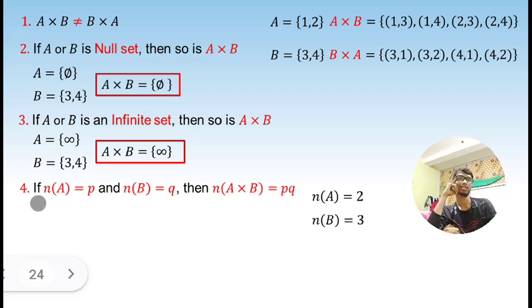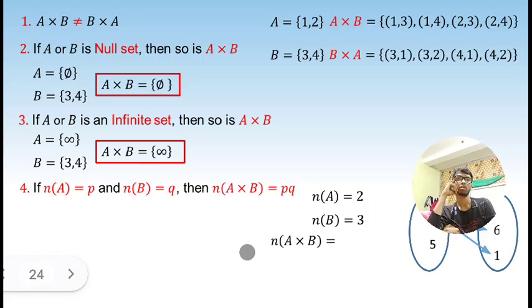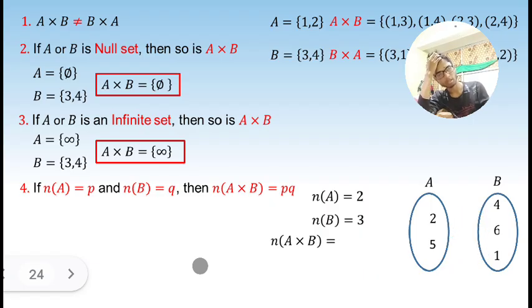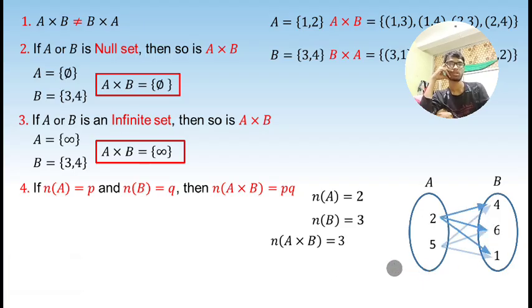Here, this has 2 elements and this has 3 elements, so 3 multiplied by 2 would be 6.